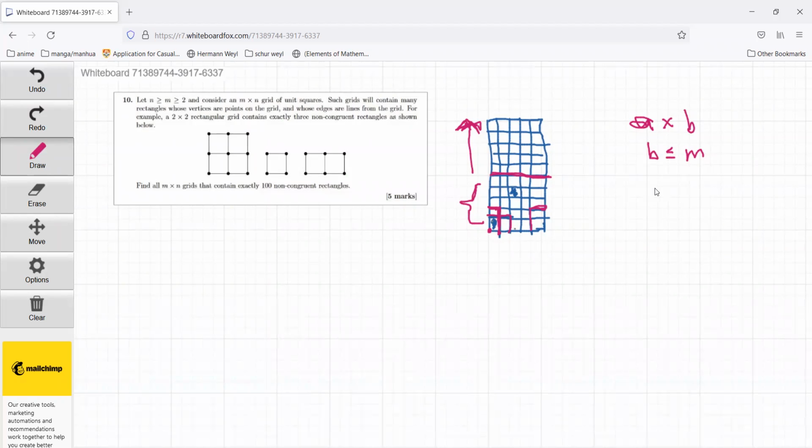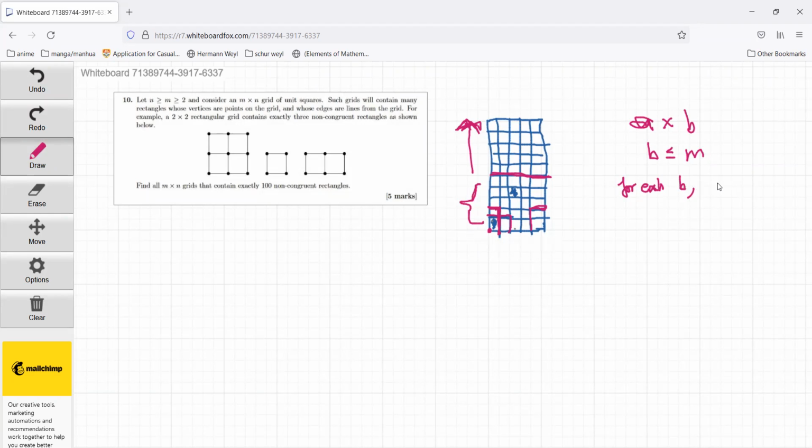So what we're going to do is write A, and for each B, we're only going to count the rectangles with width less than or equal to B. B is my height here, right? That's going to take care of the orientation, because I'm never going to end up with something that's wider than it's long.